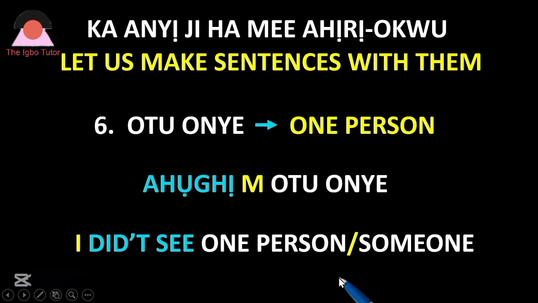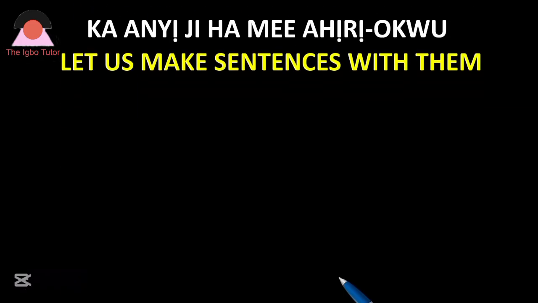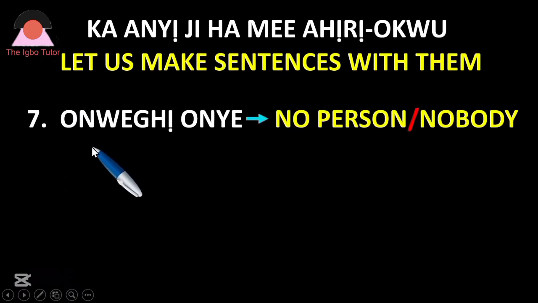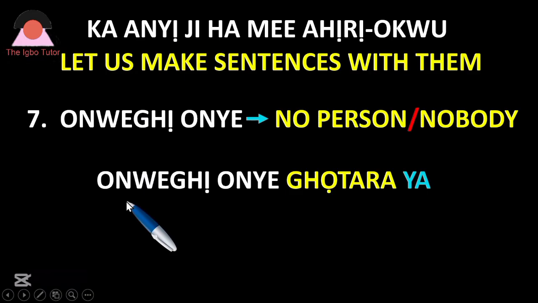Let's go on to number 7. Kasa. Kasa ọ bụ gịnị? Onweghị onye. Onweghị onye, which means no person. No person or nobody. Onweghị onye. Look at the simple sentence here now. Onweghị onye ghọtara ya. This is not gọtara. Some will say gọtara ya or ghọtara ya.